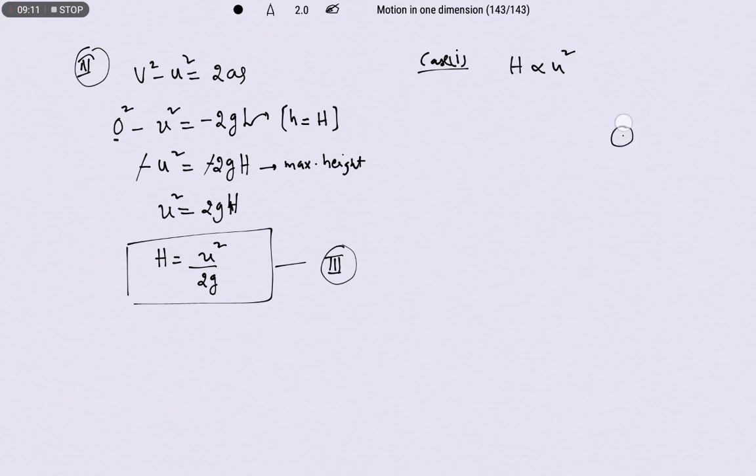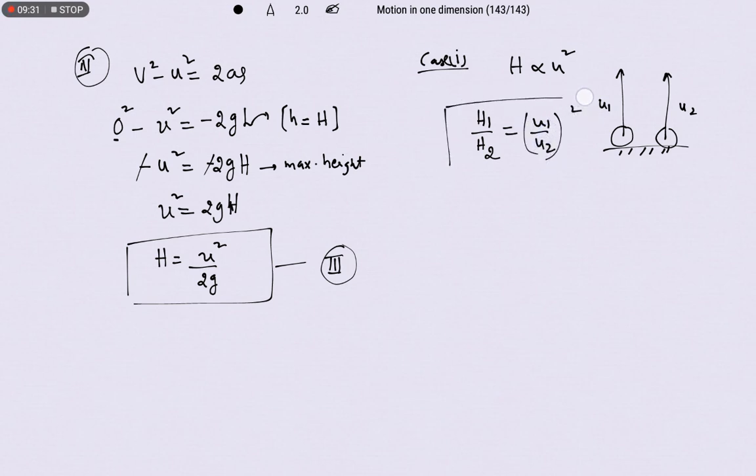That means if we throw two objects from the same location, or with the same acceleration due to gravity, then with u1 and u2, we can write h1 by h2 equals (u1 by u2) whole square. So this is the ratio of maximum heights covered by an object when it is thrown with different initial velocities from the same location. Now here g is constant, g is fixed, because we are throwing the two bodies from the same place.